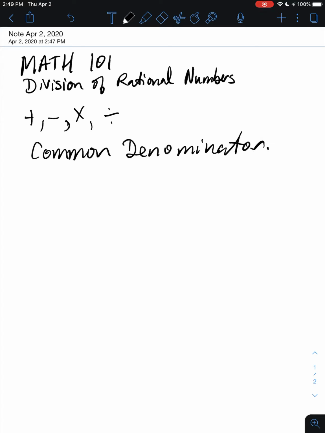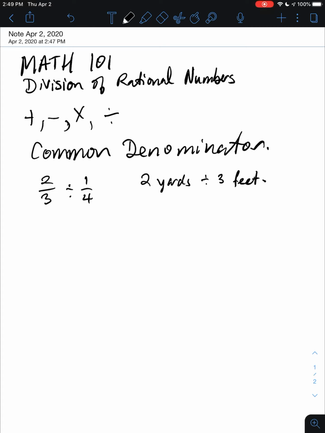All right, so let's take our old friends here, 2/3 and 1/4, and I want to divide them. And now let's ask a similar question, of course a little different, but similar. What if I had 2 yards and I wanted to divide it by 3 feet?